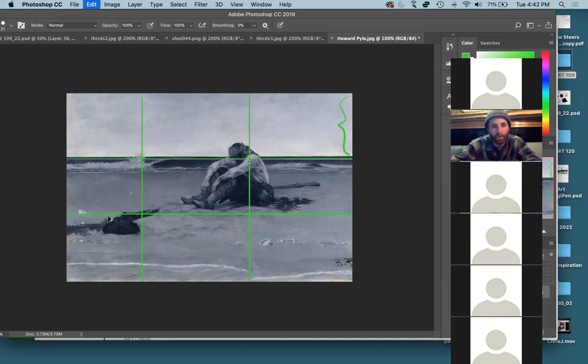So even when we take away the grid, it works really well. Creates that nice pleasing composition. And again, this one's really simple. One character, the sky, the ground, and a couple extra shapes in there. But it works really well for this composition.